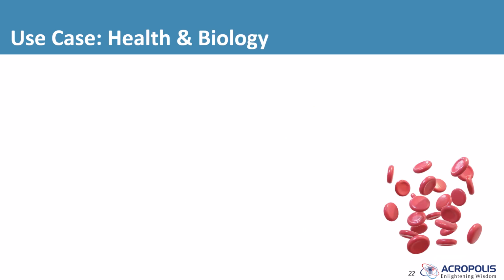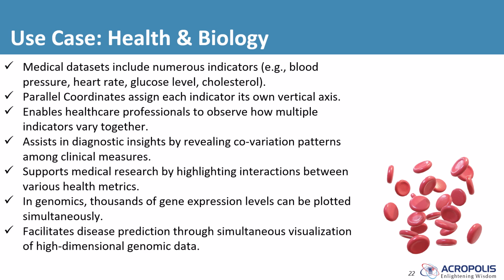Third is health and biology. Medical datasets include numerous indicators. Example: blood pressure, heart rate, glucose level, cholesterol. Parallel coordinates assign each indicator its own vertical axis, enabling healthcare professionals to observe how multiple indicators vary together.